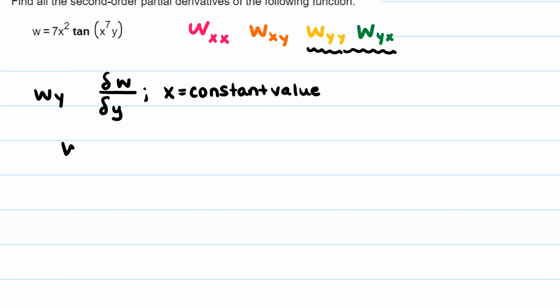So w sub y will be, this 7x squared is just a number. It's a coefficient, so it's going to come down. And now the derivative of tangent is secant squared. So secant squared of x to the 7y.